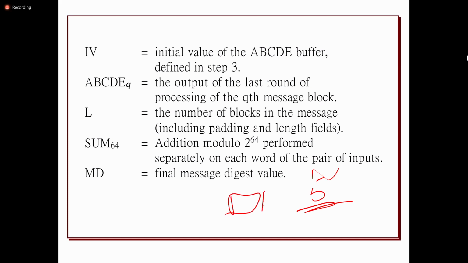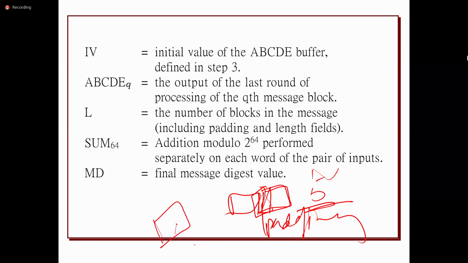The message will be added, the length of the message will be added. In between, padding will be done, and then it is going to give the first block and the initial value to the round function. If this is the initial value and this is the first message block, these two will be given to the round function.